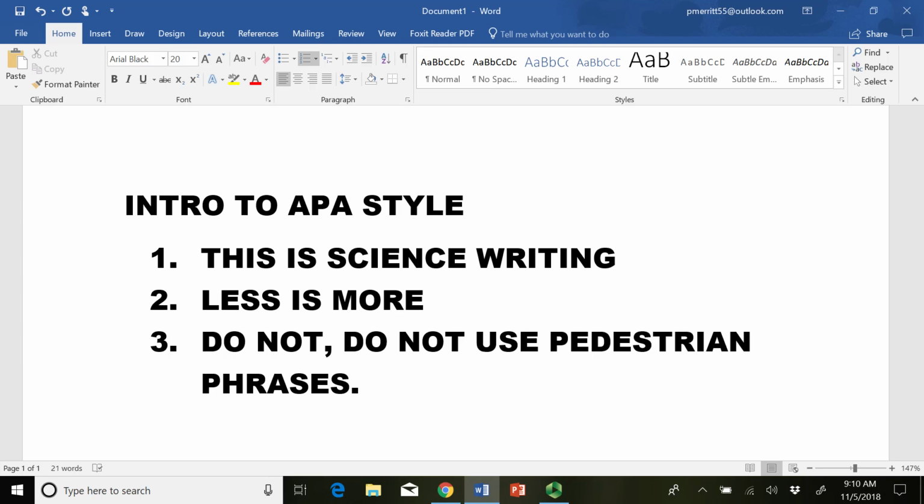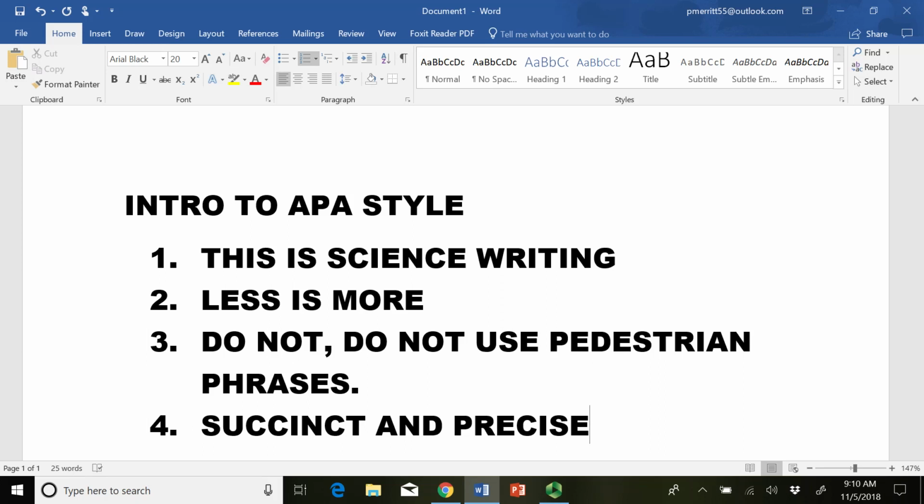Please do not use phrases like researchers for many years or for many years researchers have. There's no need for that. What you want to do is be succinct and precise in your phraseology. So you want to be clear and concise in your language.